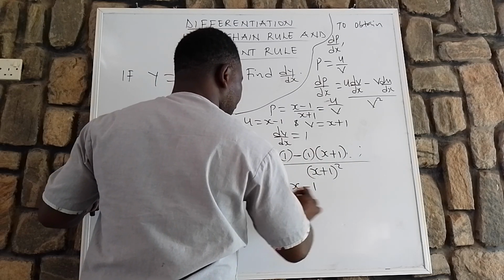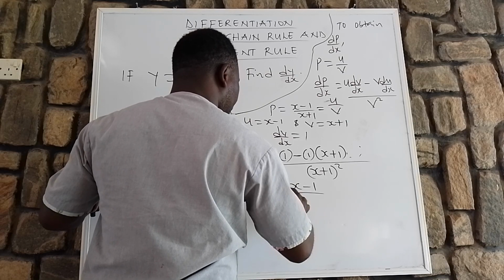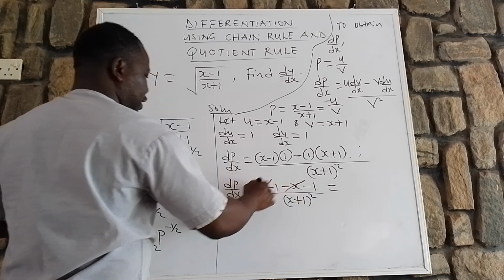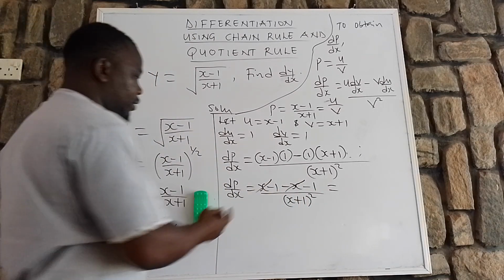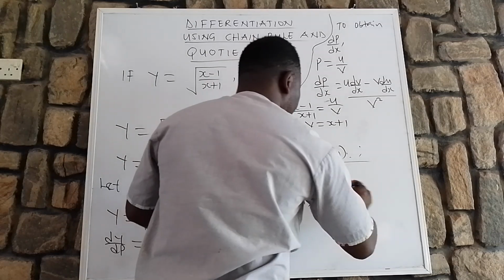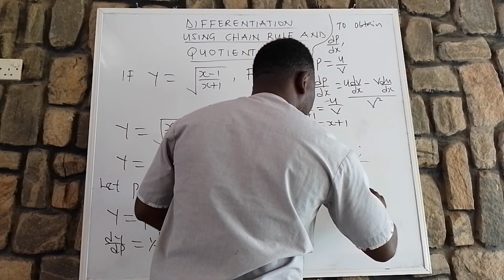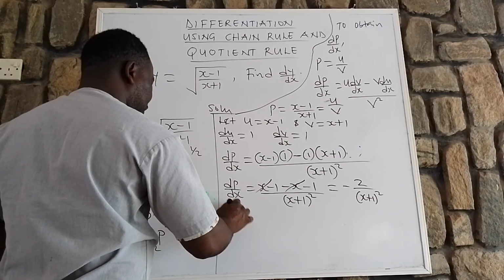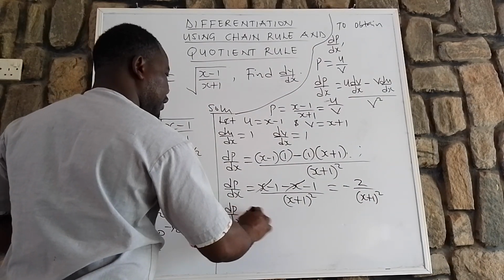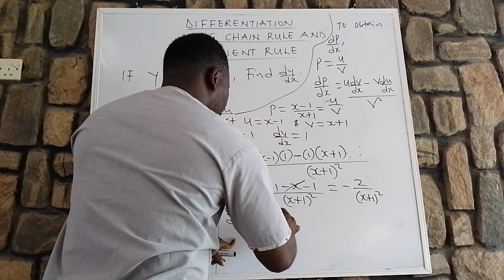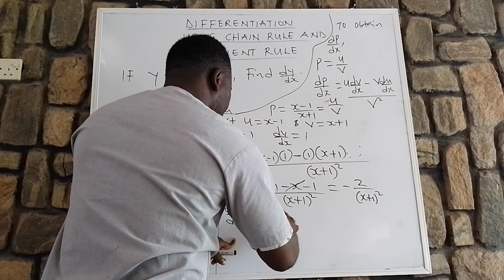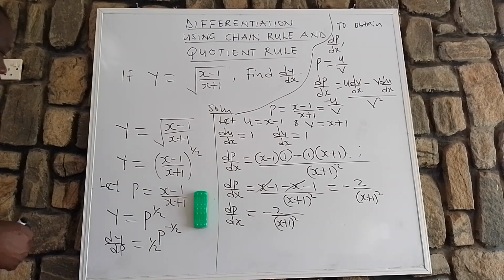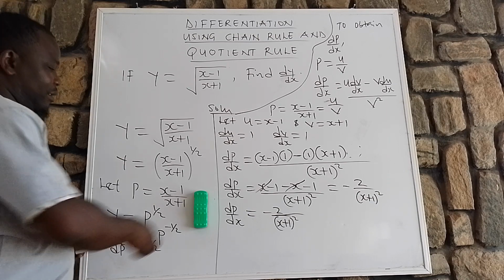Is that clear? So all over x plus 1 all squared, and this and this will go, true or false? So minus 1 minus 1 is going to give us minus 2 all over x plus 1 all squared. So our dp over dx is equal to minus 2 all over x plus 1 all squared. So we are able to obtain the dp over dx.